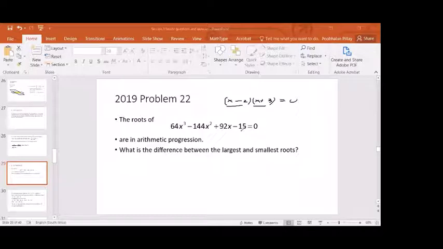So I need to factorize this. But they are in arithmetic progression, which makes the problem a little bit difficult. When I'm factorizing this, I should get 3 factors because you've got a cubic. The last numbers multiply to 15.